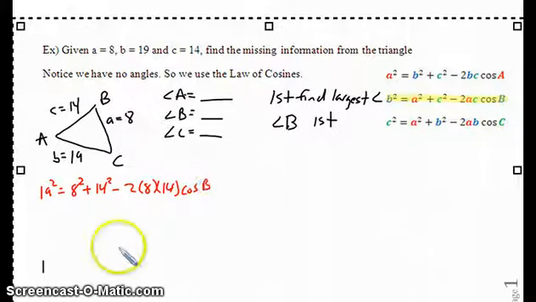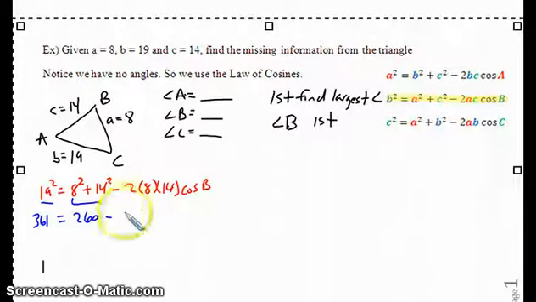And then doing this, negative 2 times 8 times 14 gives me 224 cosine of B. Don't make the mistake where you try to subtract these. You're not going to be able to do that. Subtracting the 260, I'm going to end up with 101 equals negative 224 cosine of B. Get rid of the negative 224 by dividing by it.